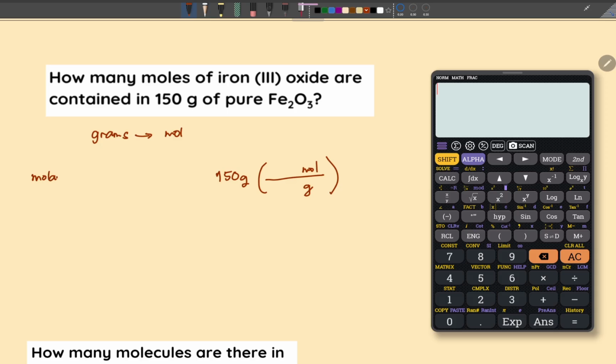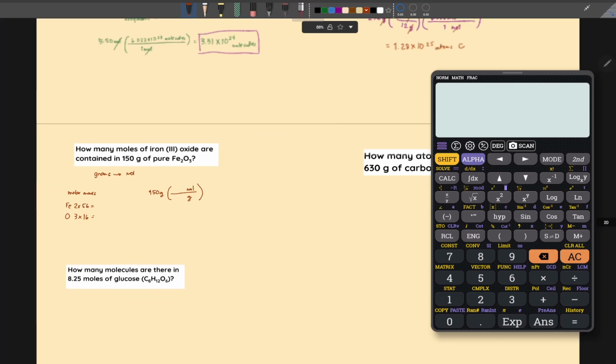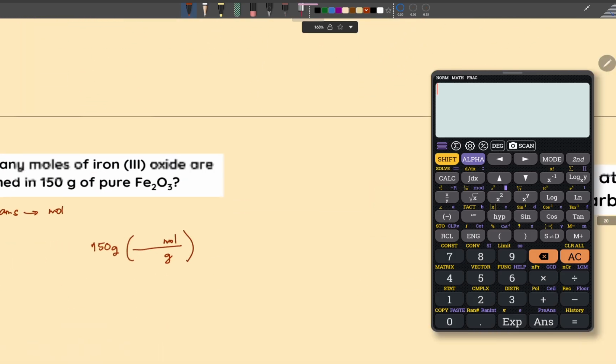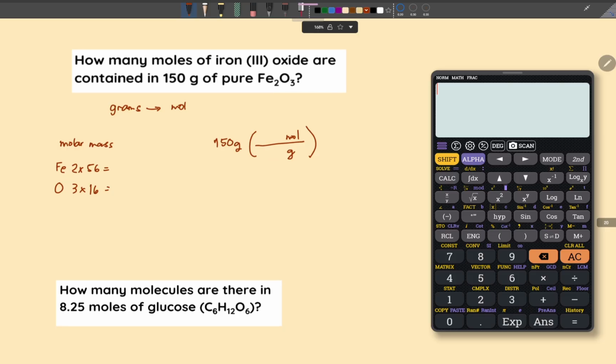For the molar mass of Fe2O3, 56, 16, I think we solved it. So we have 112, 48, 160 gram per mole.